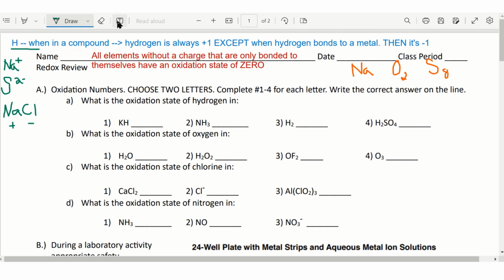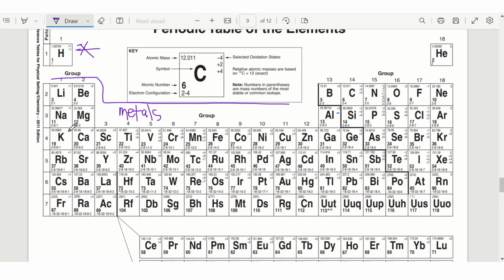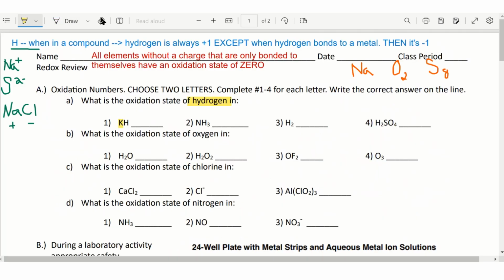All right, so let's look at what I mean. So here's the first one, and I'm finding the oxidation state of hydrogen. Hydrogen is combined with K in this case. So let's look at the periodic table. Where's K? Right here. K is a metal. So what did I tell you? When hydrogen is combined with a metal, hydrogen's oxidation state will always be what?